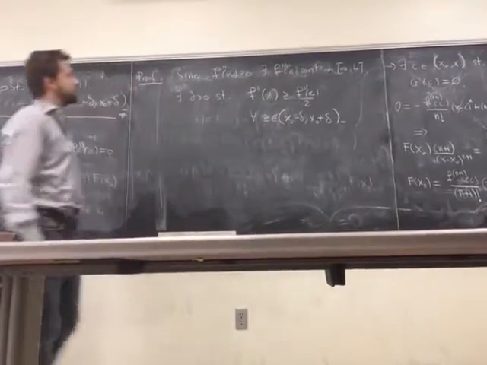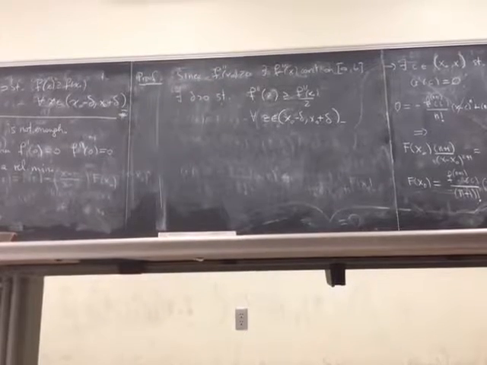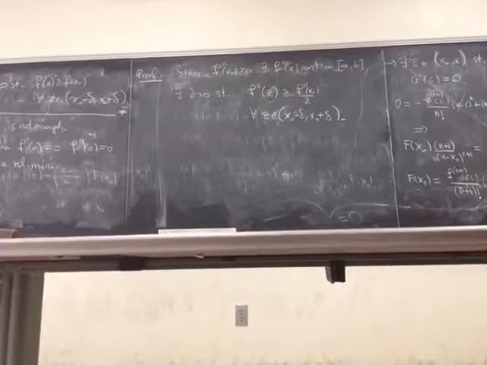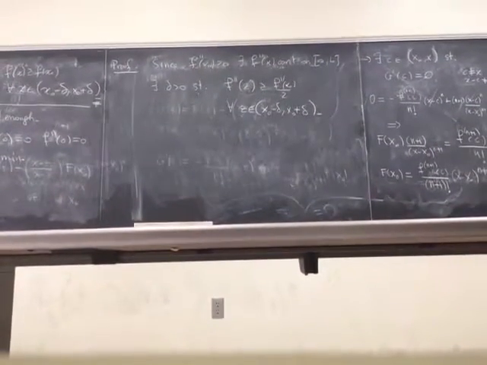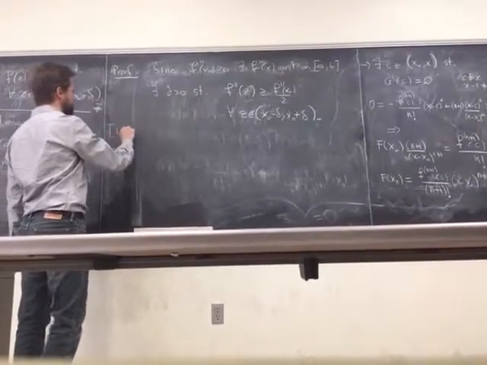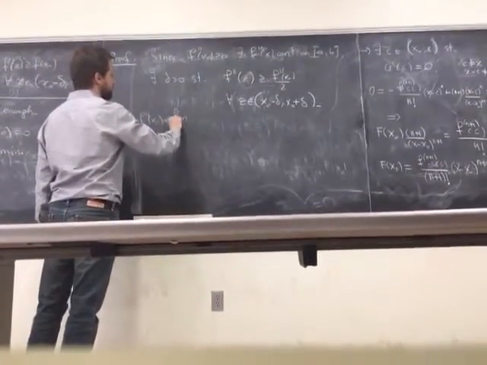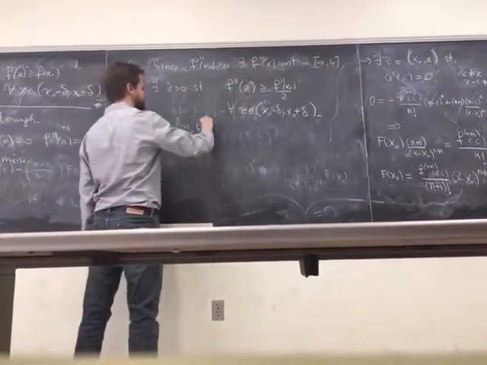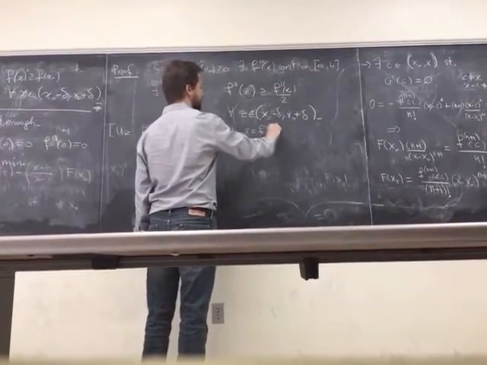So all I'm saying is that if I have a continuous function that takes a positive value, this would be f second at the point x naught, then there is a neighborhood of the point x naught such that my function is above half that positive value. So here you just use the definition of limit. Here I'm using that f second of x naught equals the limit as z goes to x naught of f second of z, with epsilon equal to f second of x naught over 2.